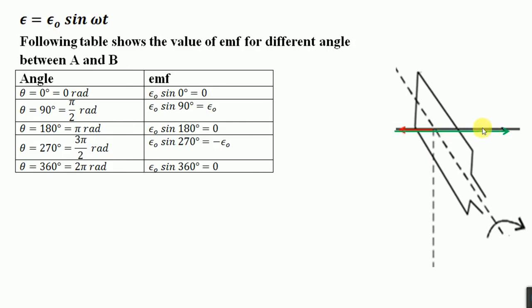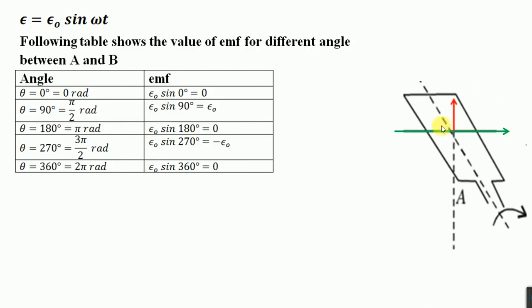When magnetic field and area vector are anti-parallel to each other, sin 180 is 0, so you will get 0 EMF. And when theta is 270 degrees, sin 270 is minus 1, so you will get EMF equal to minus E0.